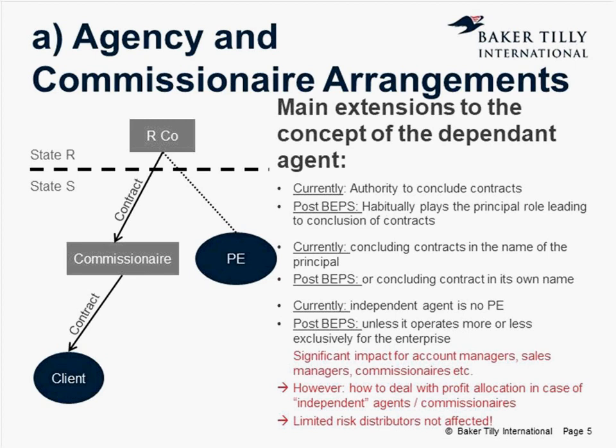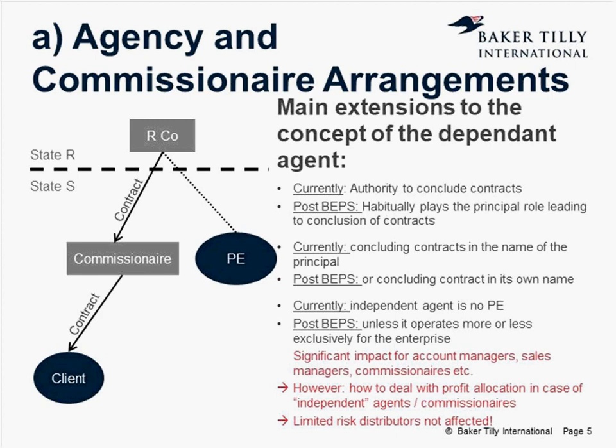So this will lead to a lot of discussions with local tax authorities. And a question with respect to this change is that so-called limited risk distributors seem not affected. A limited risk distributor is an entity that does formally take title to the goods. It's very comparable to a commissioner, but the only difference is that a limited risk distributor has, at a certain point in the supply chain, legal title to the goods.